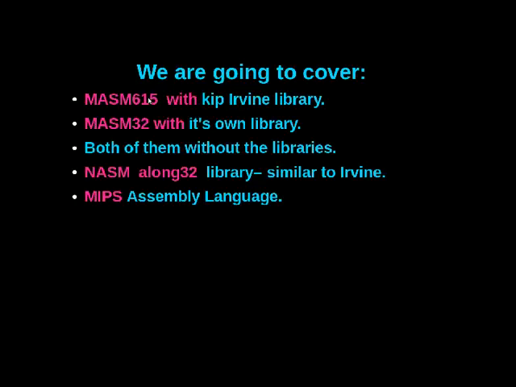They only include it in Visual Studio. It comes with Visual Studio. But then came MASM32, and they did the library, and they used the same assembler, but they did some changes. So we're going to take both of those.